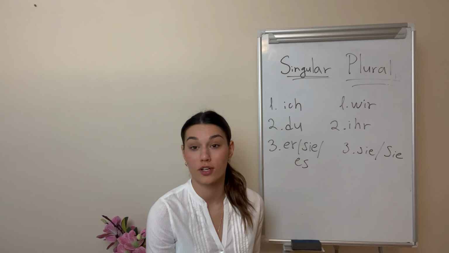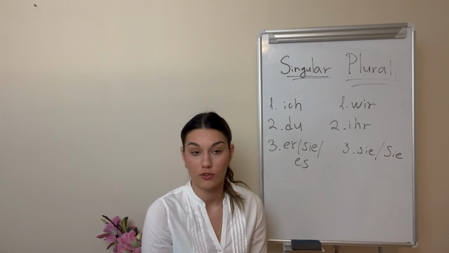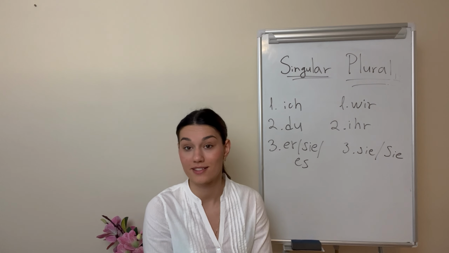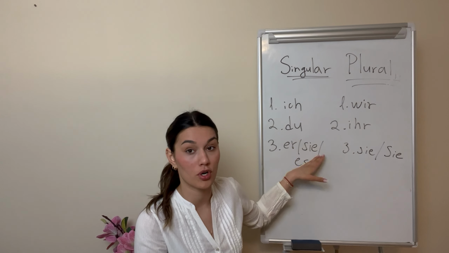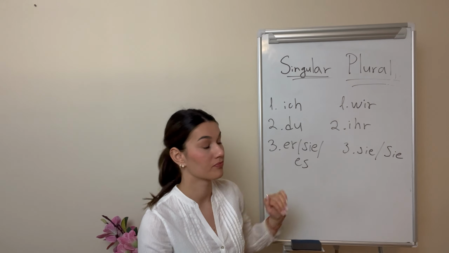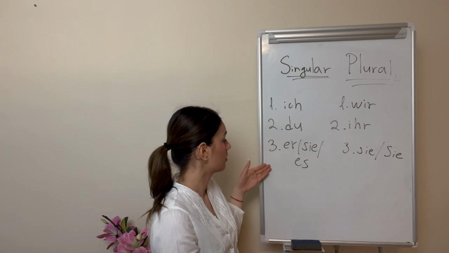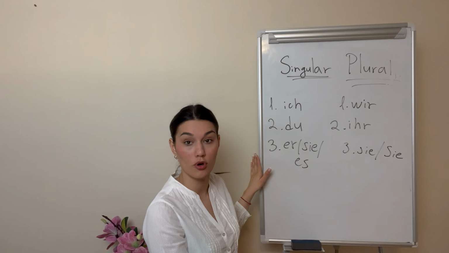So first we are going to talk about personal pronouns. But first of all, it's very important to copy this in your notebooks. And then we can start. So here we have singular form, and in this column we have plural form. Here we have first, second, and third person in singular form.